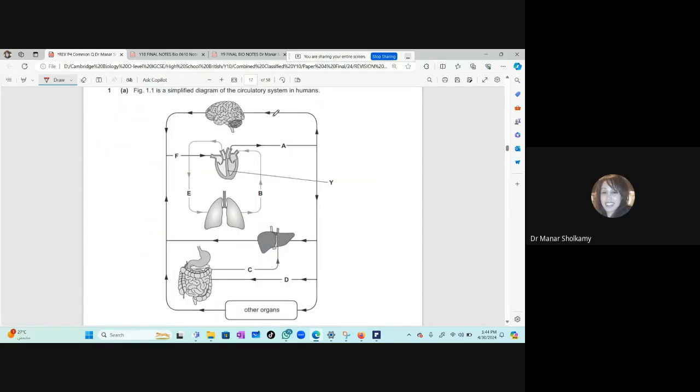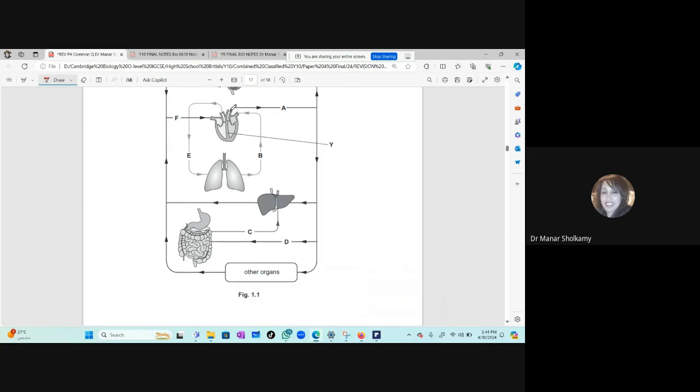Okay. Now let's label that. I want everyone to join. We already labeled everything related to the heart. What is C? C is coming out of the small intestine and going to the liver. The hepatic portal vein. Excellent.